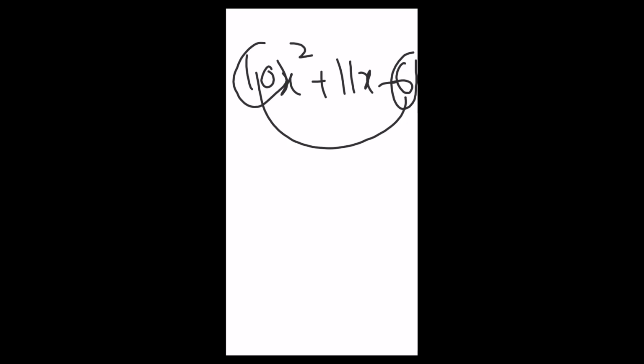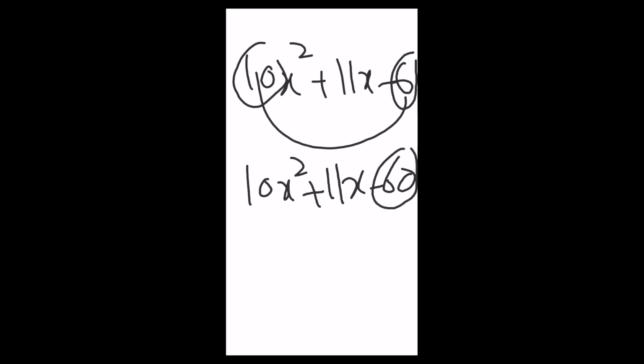So the new term of this line will be 10x squared plus 11x minus 60. But remember, we are making 60 just to get the multiples.